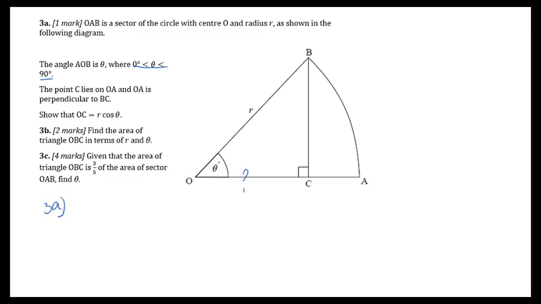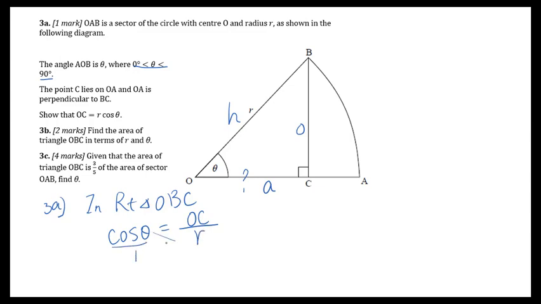In right triangle OBC, we can use SOHCAHTOA labels. This is O, here's A, this one is H. Cosine theta equals A over H, that is OC over OB, that is R. Then we cross multiply.